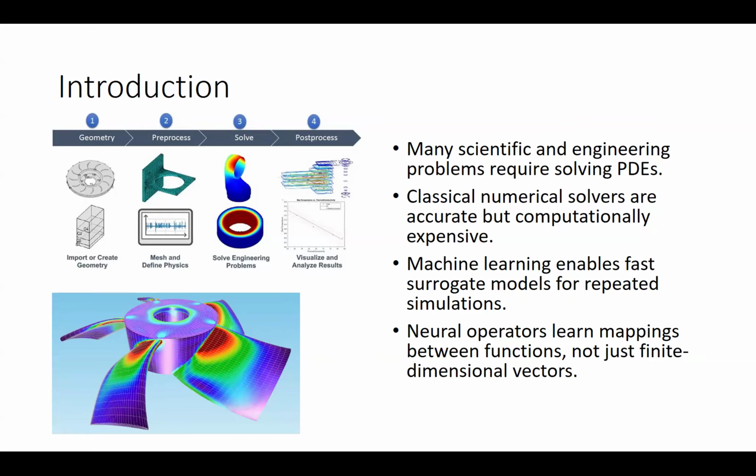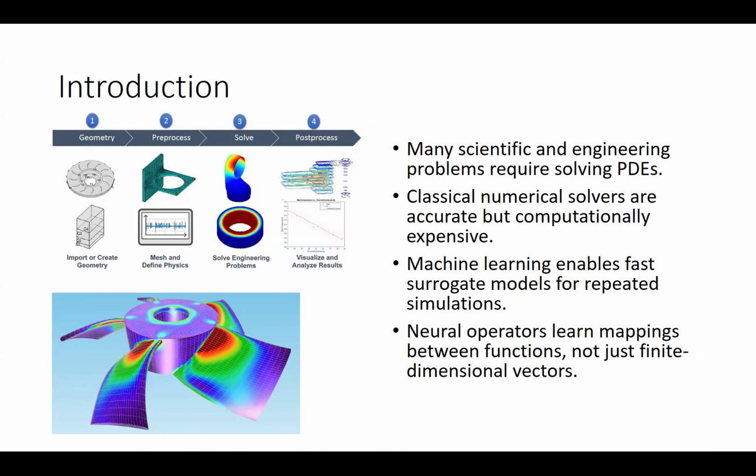So to solve this bottleneck, the machine learning community shifted to surrogate models. These are deep learning approximations, and once trained, they run in milliseconds and not hours like classical solvers. So recently, we saw the rise of neural operators.